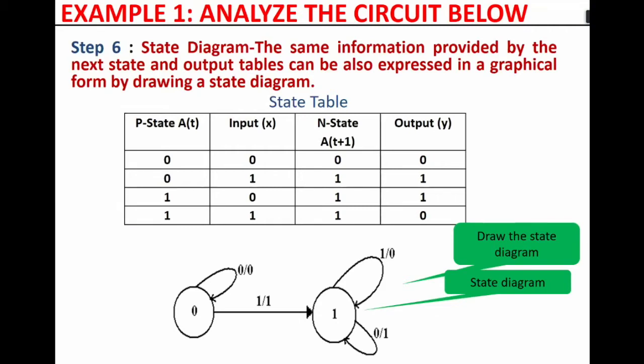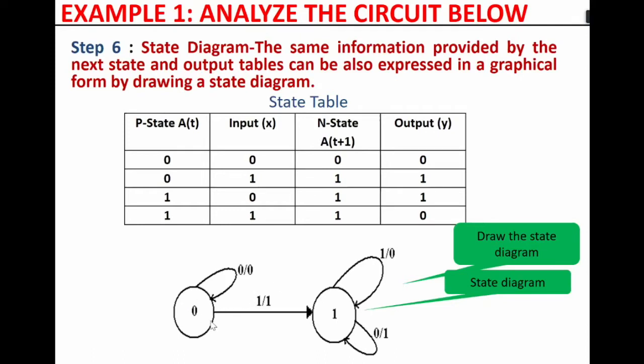Let's start with the behavior. Assuming it starts in state 0, what happens? As long as you receive an input of 0, it will stay in state 0, and the output will be what? 0. We are describing the circuit. You couldn't describe it by looking at it.